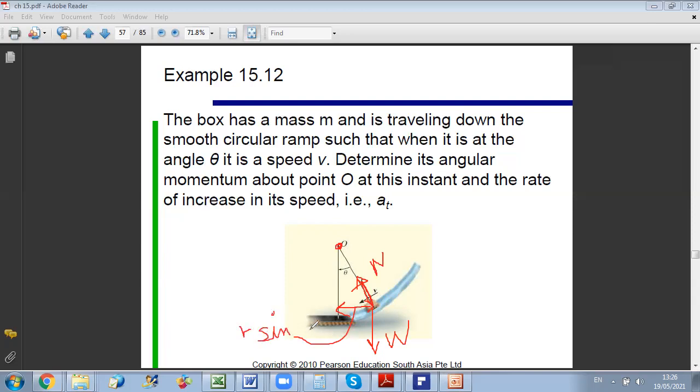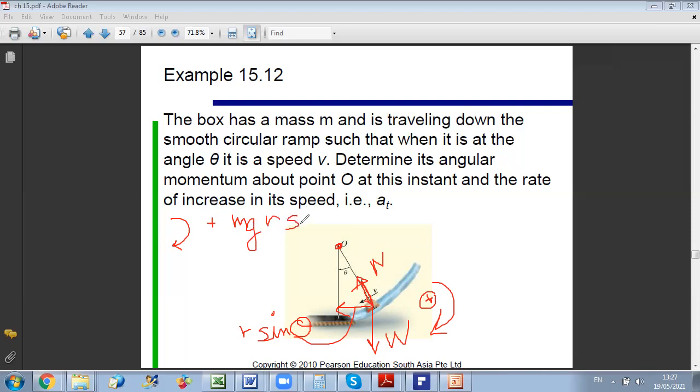Now, if I replace in my equation, as you can see also, the moment of W is clockwise about O. Since I consider the clockwise direction as positive, I can write plus mg, which is the weight, times r sine theta.